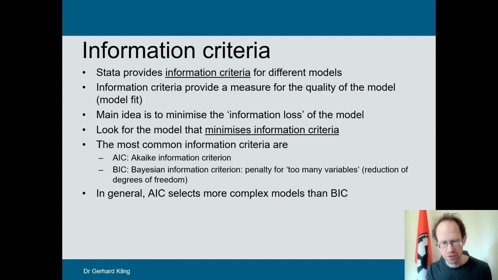In terms of information criteria, there are many of them, but we mostly look at the AIC and the BIC. The AIC, I will of course mispronounce, that is the Akaike information criterion, is leading to more complex models, and you will see that in action soon.